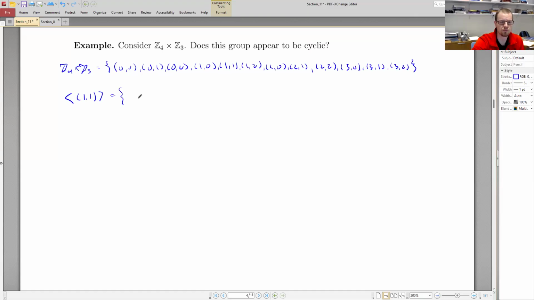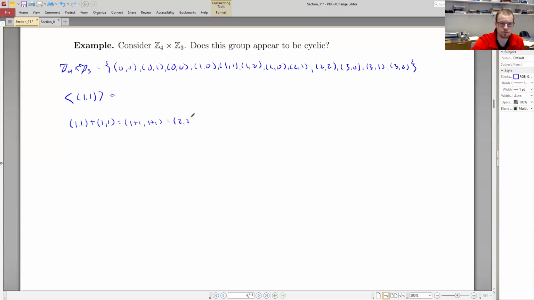Well, what's generated by (1,1)? We could list these out each, but let's take this (1,1) and add it to itself. So 2 times (1,1) is (1,1) plus (1,1). Well, that's 1 plus 1 and 1 plus 1.